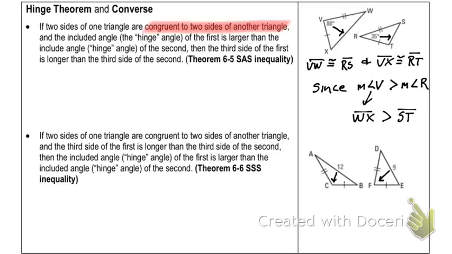So we had that AC is congruent to DF, and we have that CB is congruent to FE. And since 12 is bigger than 9, in other words, AB is bigger than DE.